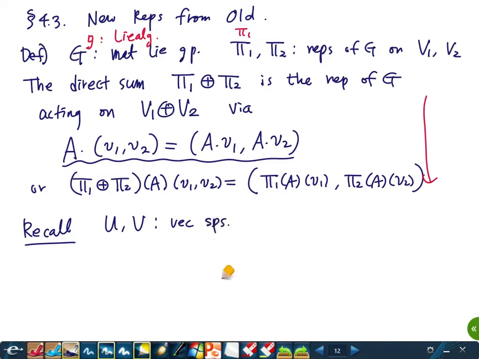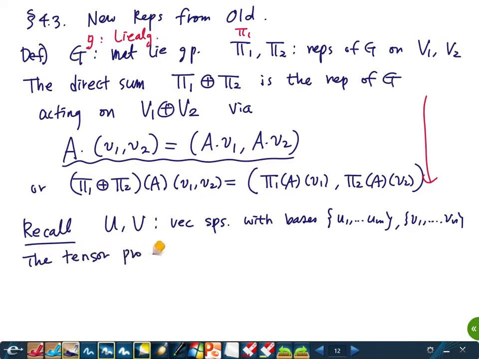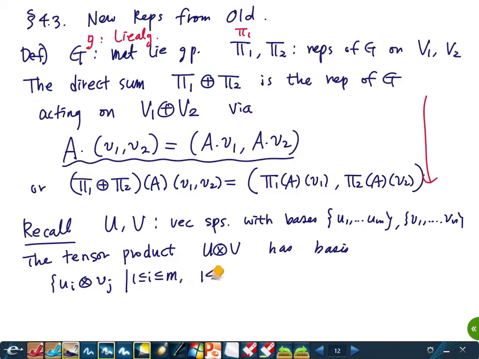Take vector spaces with, let's say, basis u_1, ..., u_m for U and v_1, ..., v_n for V. Then the tensor product, it's not really a definition, I guess, but I assume that you already know the definition, has basis u_i tensor v_j, where i is from 1 to m, j is from 1 to n.